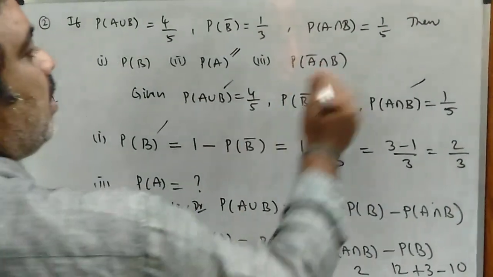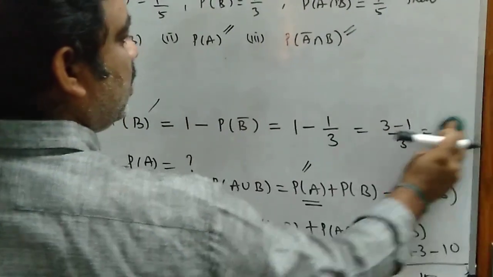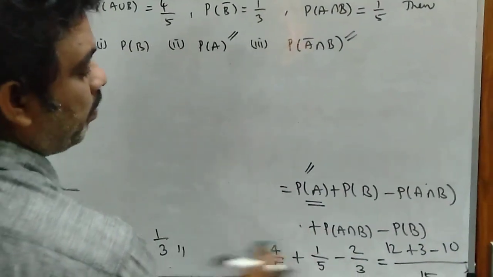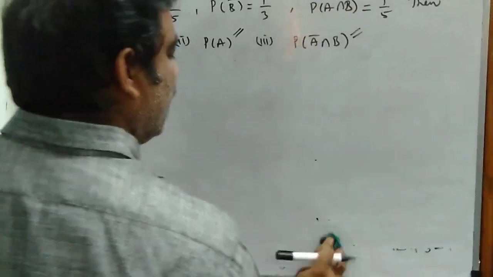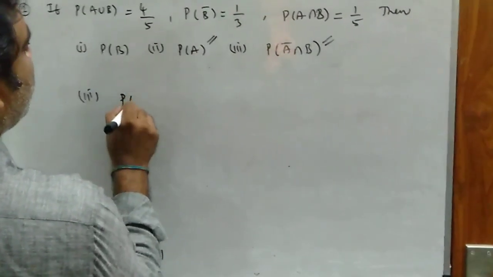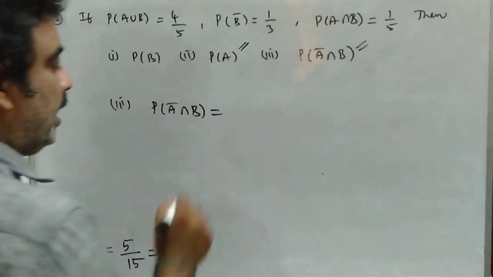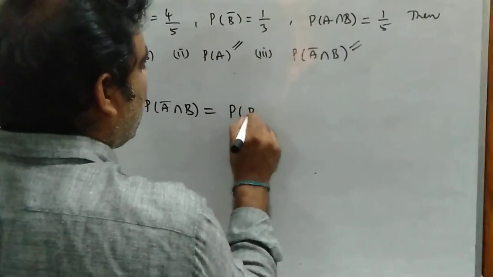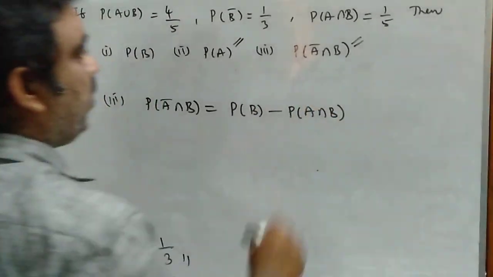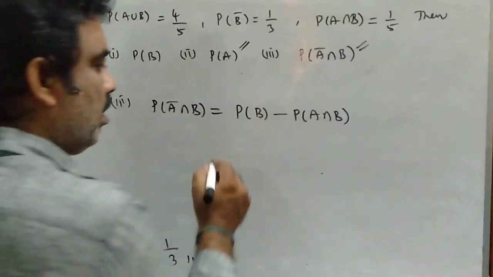Similarly, find the last bit, P of A bar intersection B. We have already seen the same type of problem in the previous question also. So what can we write? P of A bar intersection B, the third bit. By the known theorem, I can write this as P of B minus P of A intersection B. Am I right or not?